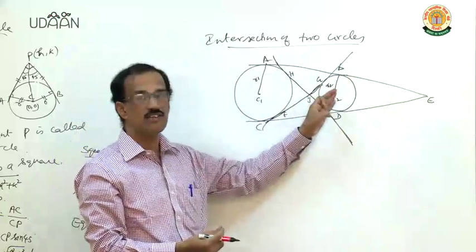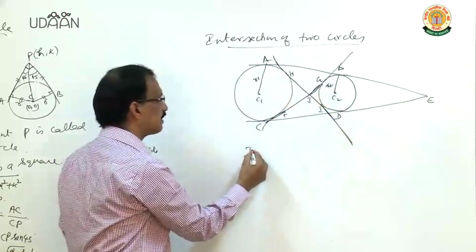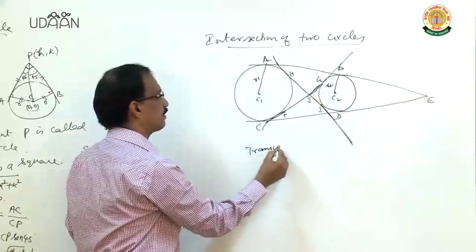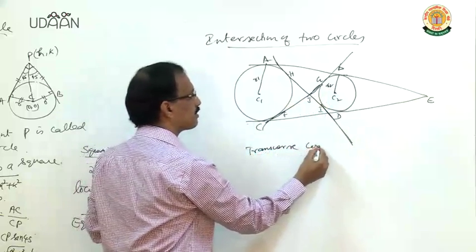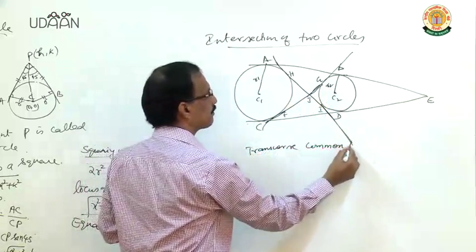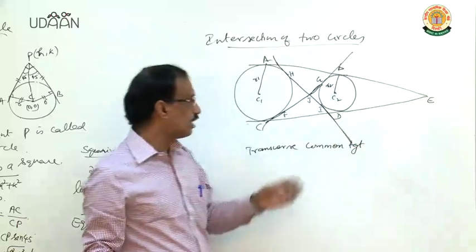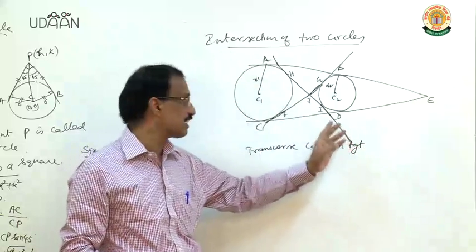That type of tangents are called transverse common tangents.